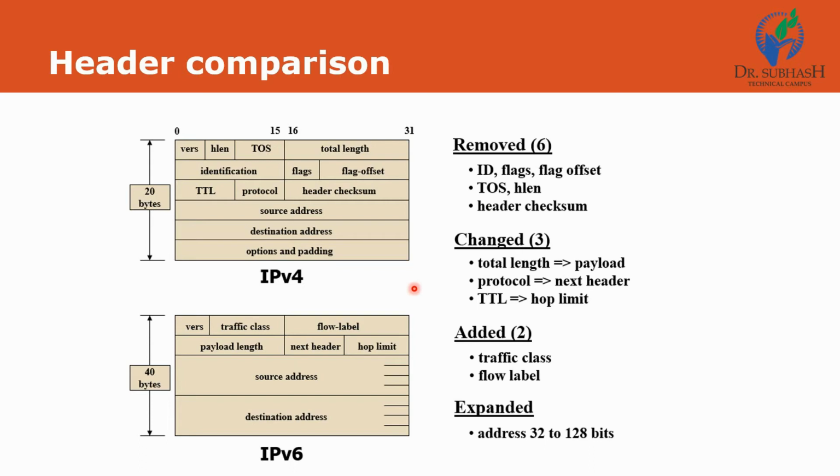Header comparison: if we compare the header part of IPv4 and IPv6, IPv4 has a 20 byte header and IPv6 has a 40 byte header. In IPv6, the ID, flags, fragment offset, TOS, header length and header checksum fields are removed.